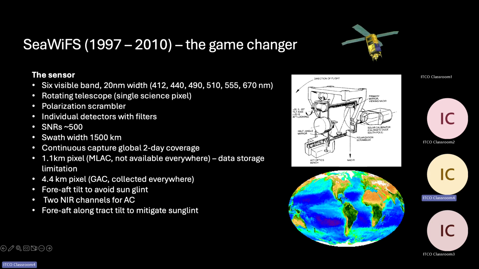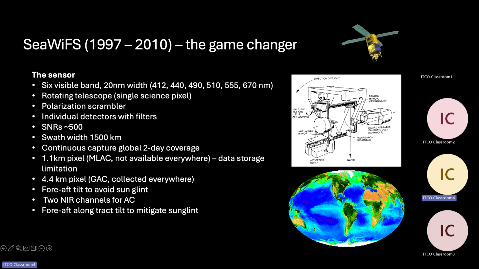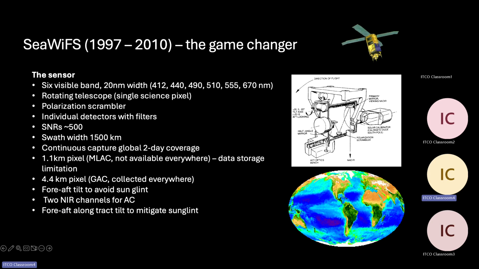Some important advancements with the sensor: you had two near infrared bands now, so you could improve the atmospheric correction, and you had fore and aft tilt. CZCS did tilt a little as well, but it meant sun glint. People familiar with sun glint? John talked about it yesterday. One way to mitigate sun glint is to tilt your sensor.